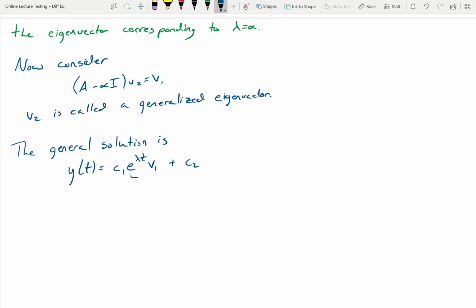Okay, so this here is our Y1. The C2 is e to the lambda t, has the same piece, times this t V1 plus V2. And that's all that's coming from this. So that's the cool part. So this is our Y2.